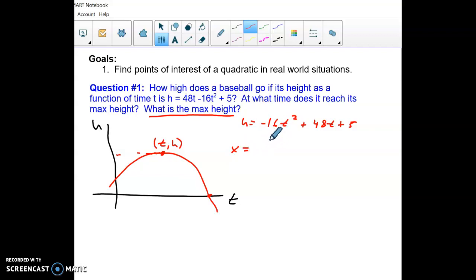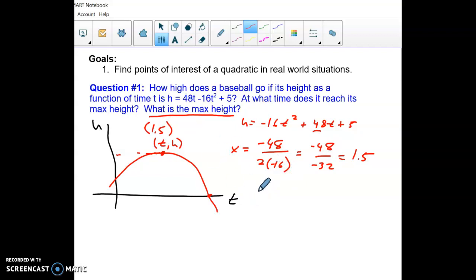I'm going to do the opposite of b, so negative 48 over 2a. And again, a is what's in front of the squared part. So negative 16 is a and 48 is b. So we have negative 48 over negative 32, and I believe that's 1.5. It tells us it'll reach a max height after 1.5 seconds, right?